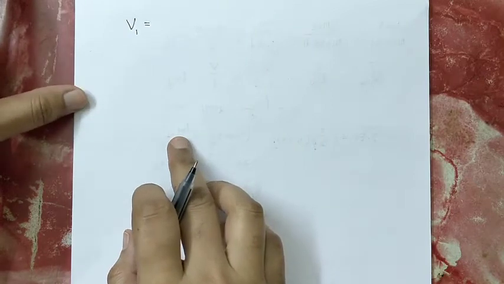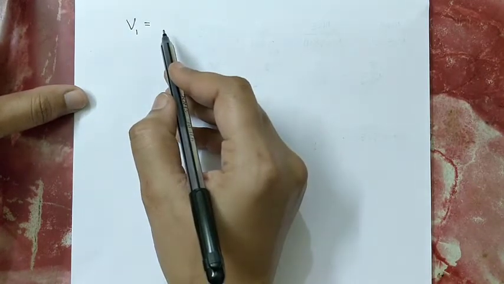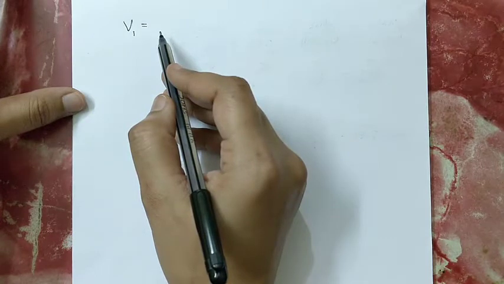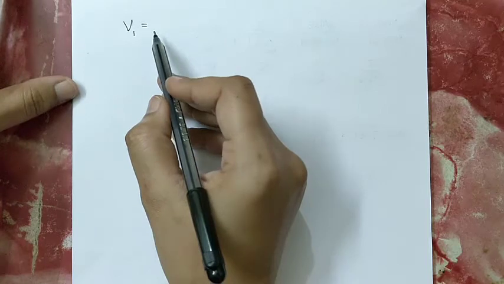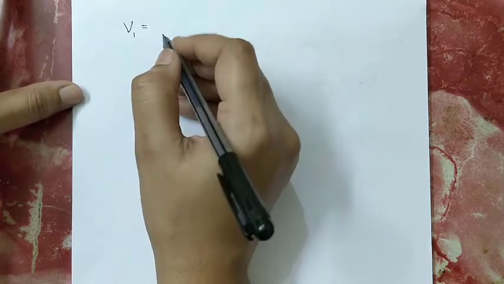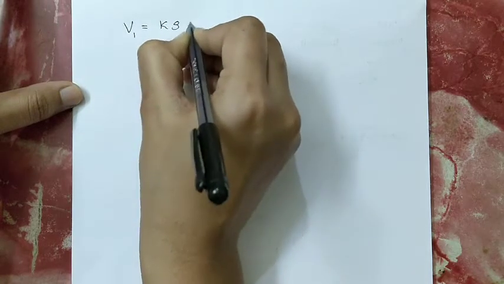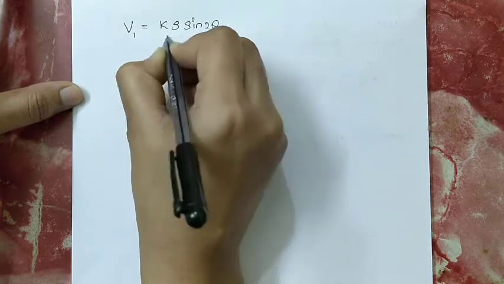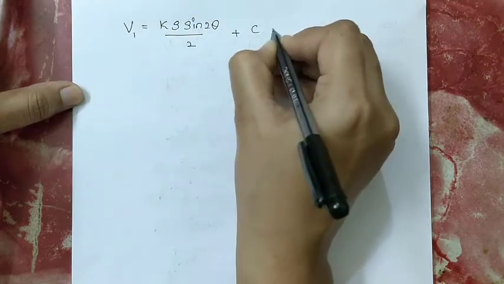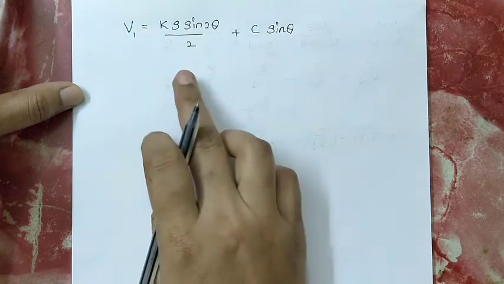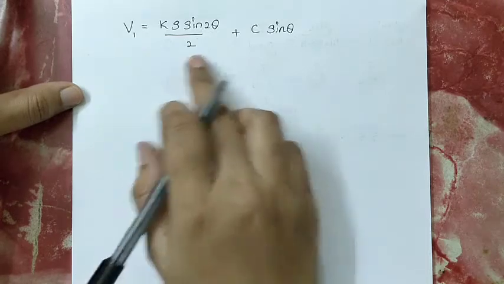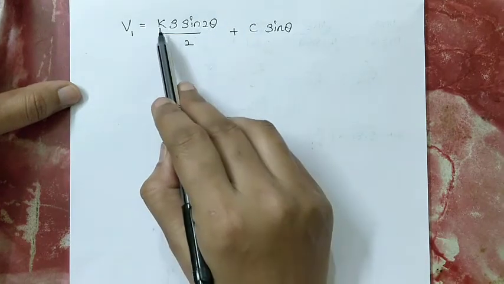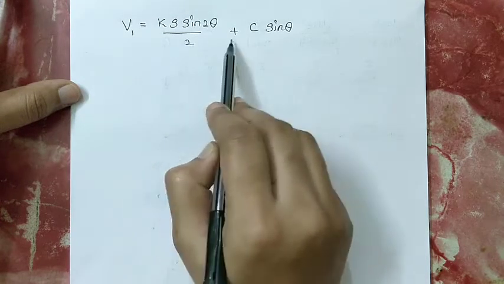You can observe, when the line of sight is inclined, whether the inclination is upward or downward, whether angle of elevation or depression, whatever it may be, the vertical component is given by K S sine 2 theta divided by 2 plus C into sine theta.